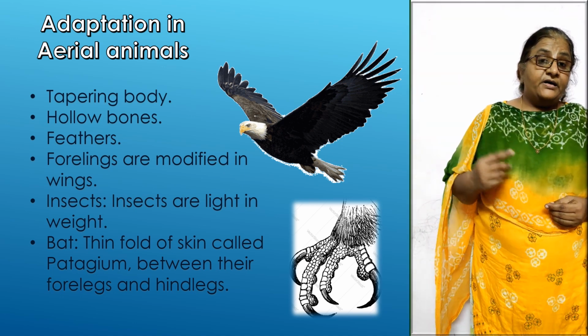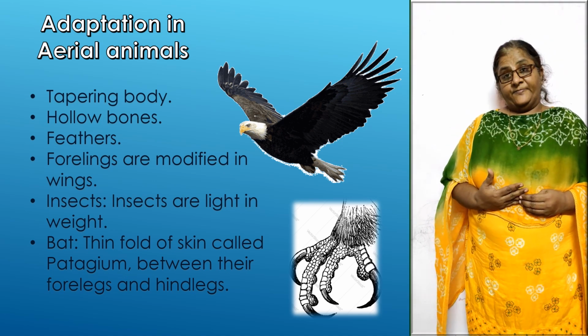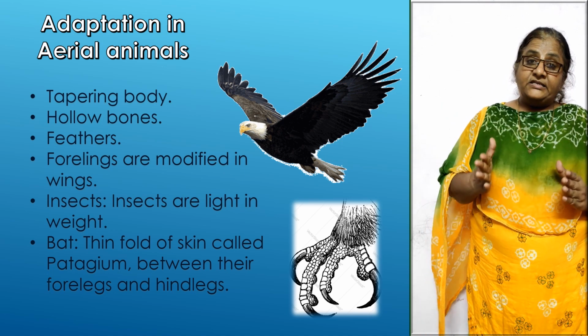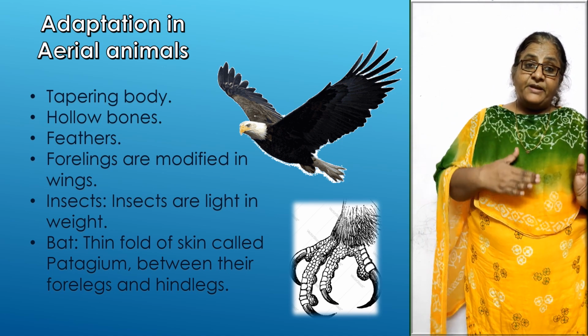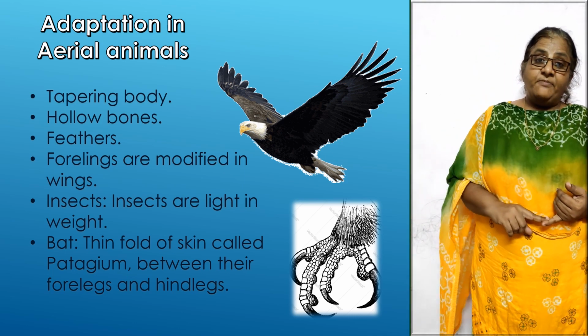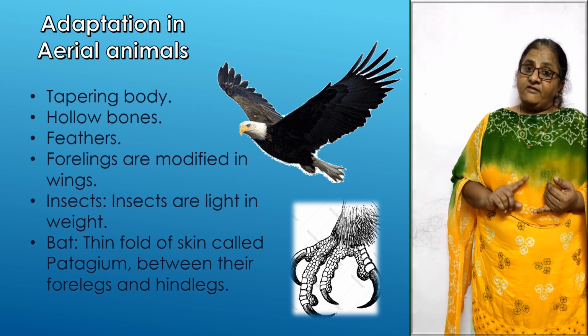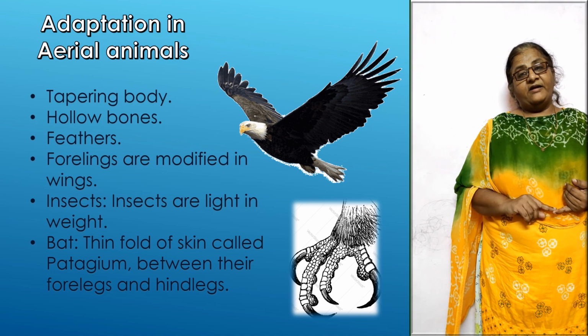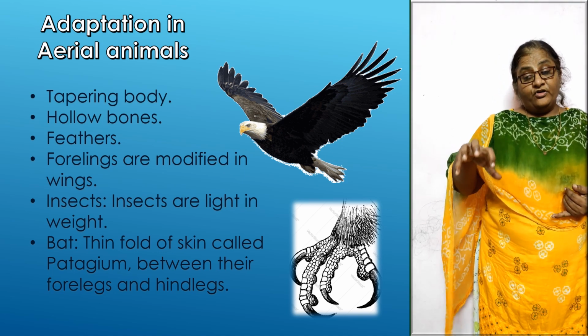And animals like the bat have a patagium. It is a thick skin membrane present between the forelimbs and hind limbs. With the help of it, the bat can fly easily in the air. Now the last adaptation acquired by birds is powerful claws.